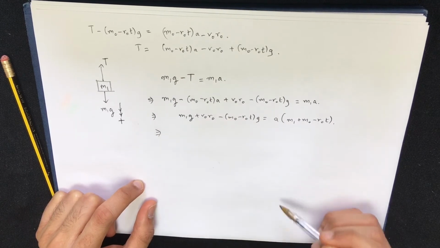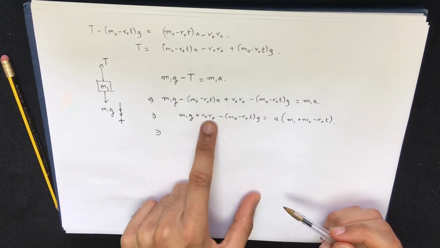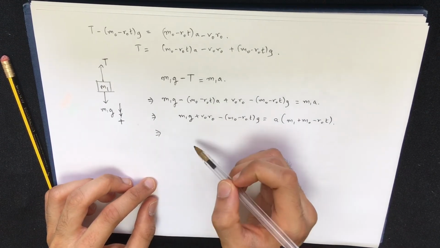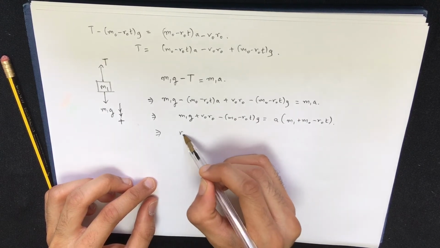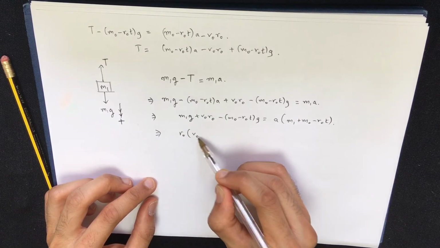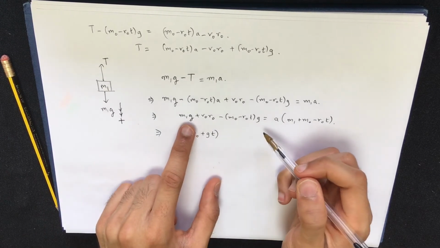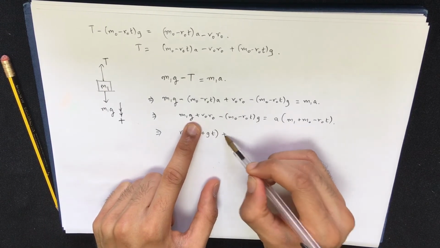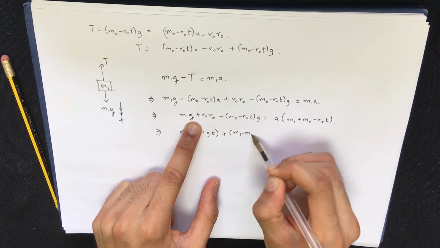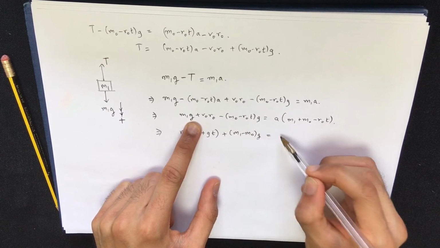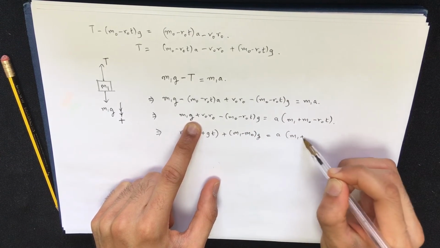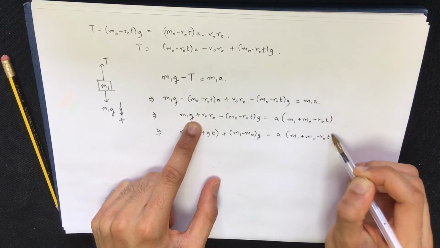So now we can collect all of the R0 terms on this side. If we collect all the R0 terms, we're going to get R0 times (V0 plus GT). And if we collect all the terms that are common with G, we're basically going to get (M1 minus M0) times G equals A times (M1 plus M0 minus R0 T).